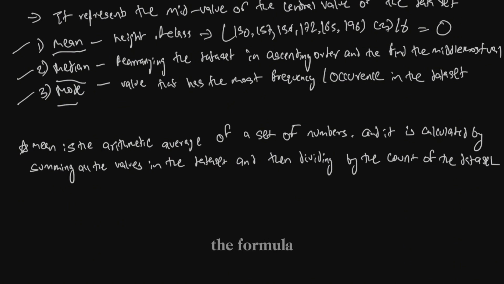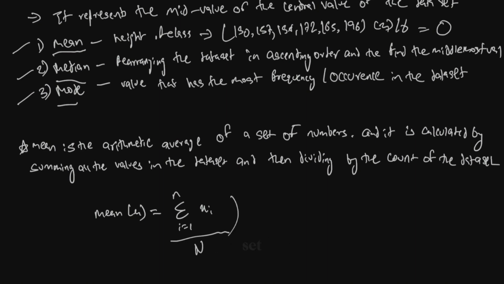So let's see the formula. Mean, which is denoted by the mu symbol, is the summation of i from 1 to n of all the x_i data points divided by the total number of data points in the set.